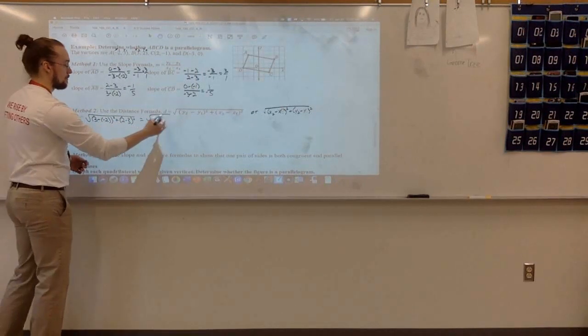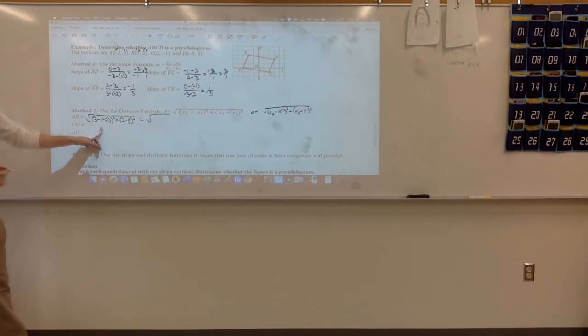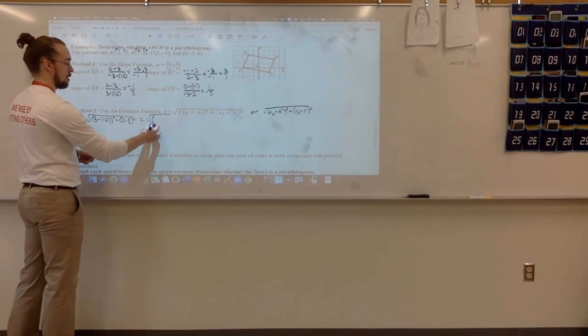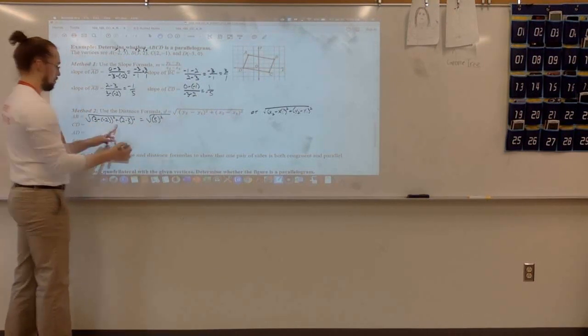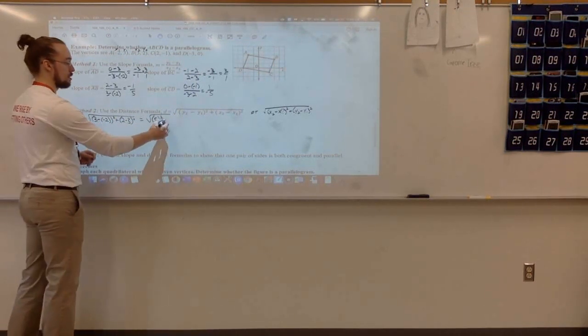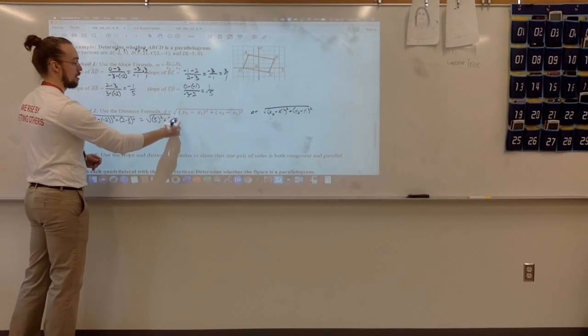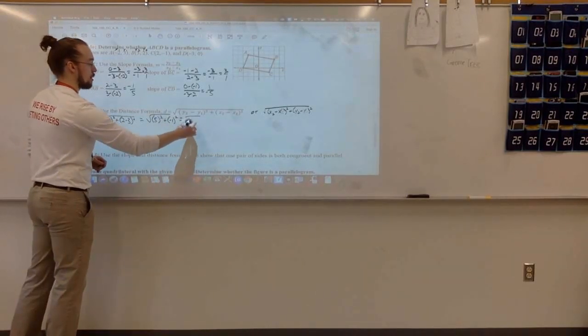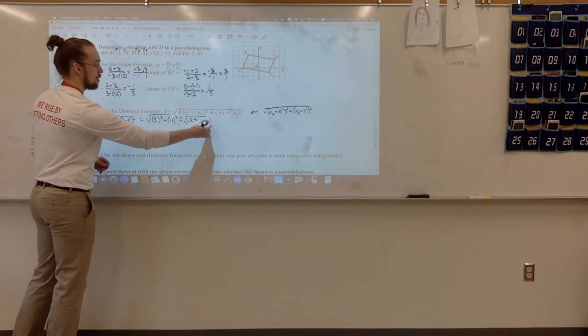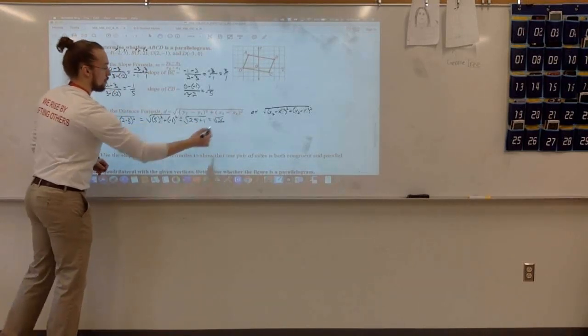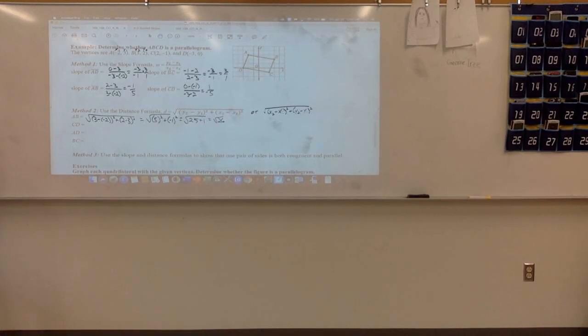So that'll be 5 squared plus negative 1 squared. So 5 squared is 25, negative 1 squared is positive 1. So we get the square root of 26 for the length of AB.